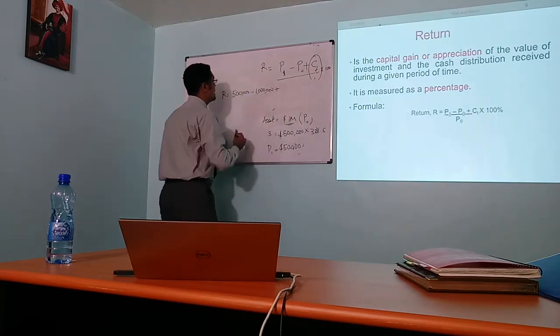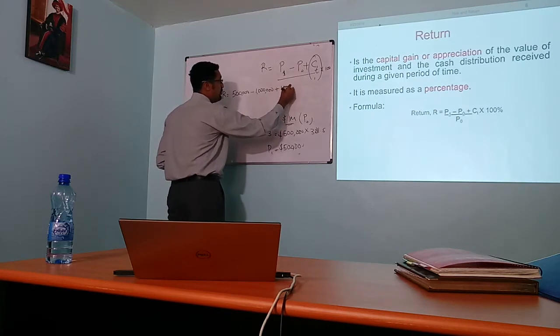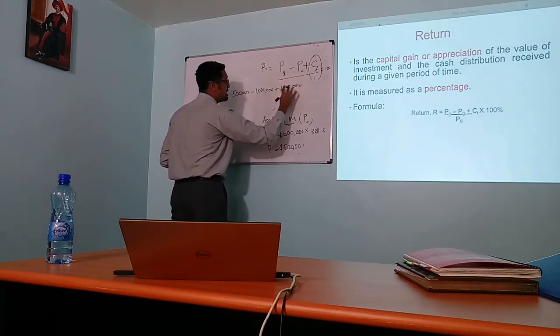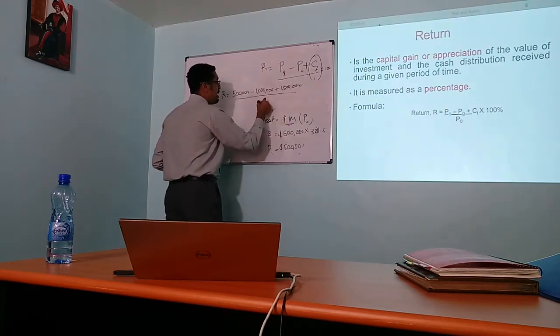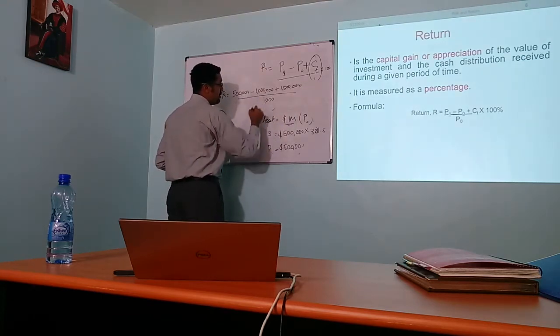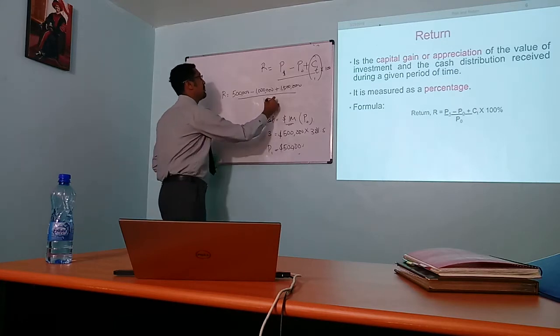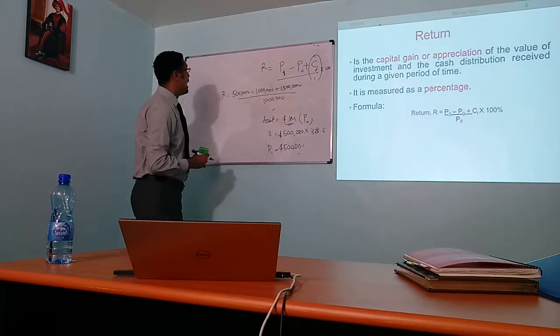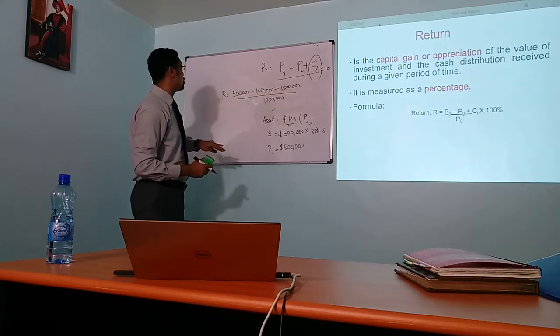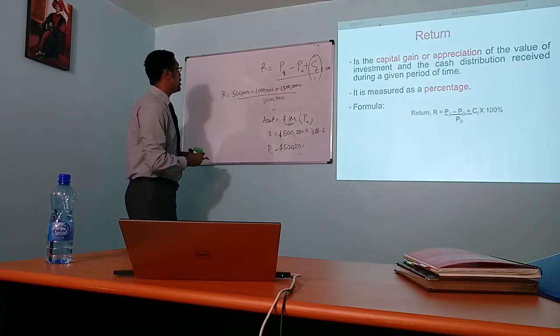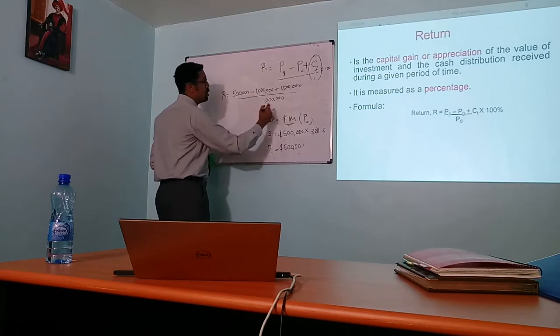Allow me to wrap that. Plus 1.5 million, remember this is the return for 3 years. Divide by the price at the beginning, 1 million. Now, 500,000 plus 1.5 million is 2 million, minus 1 million, that is 1 million.